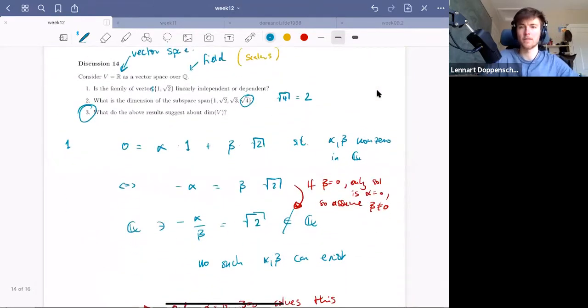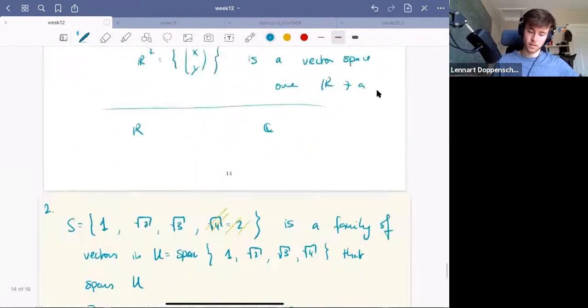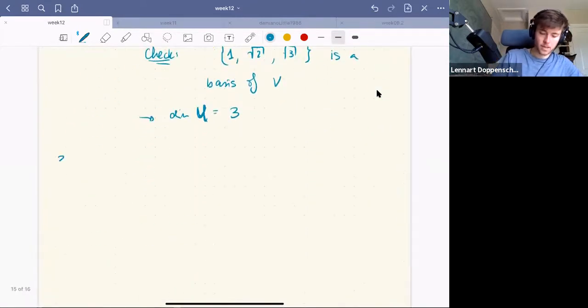What's the dimension of the real numbers as a vector space over Q? Yes, exactly. Because you can always find some other non-rational number that is not in the span of a family of vectors.